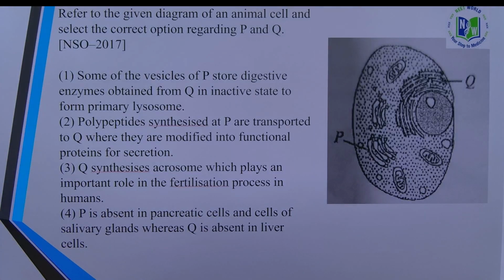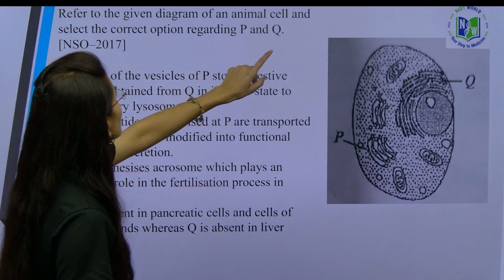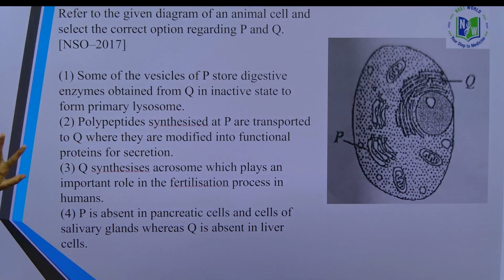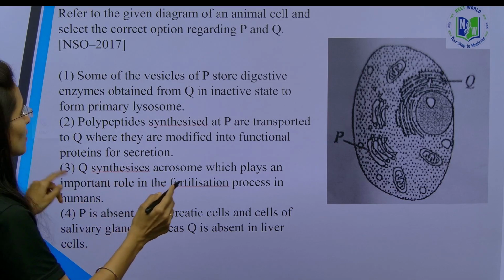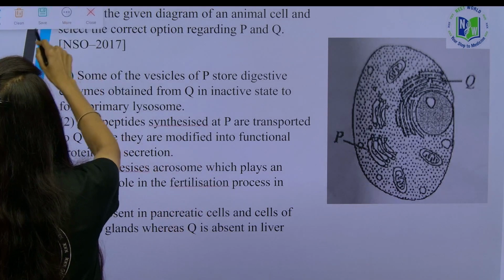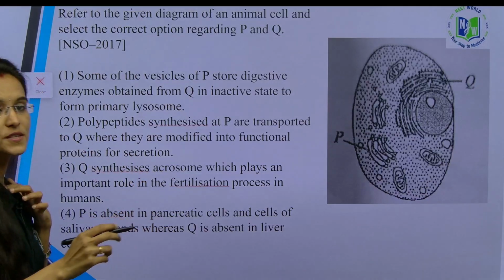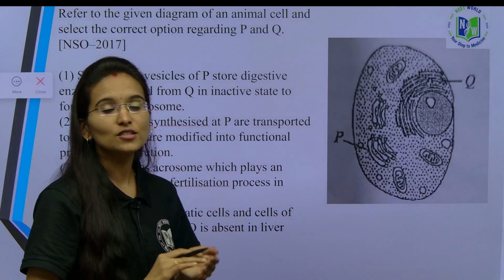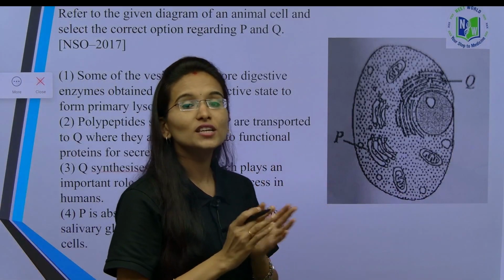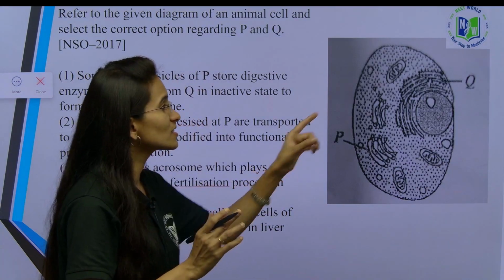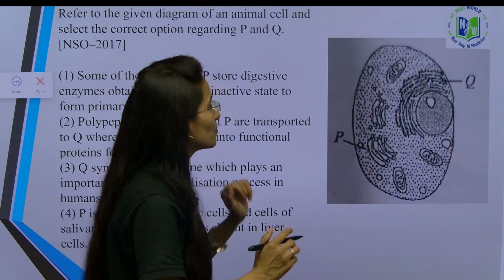Here is the given question. Refer to the given diagram of the animal cell and select the correct options regarding P and Q. Before answering, we need to know which cell organelles P and Q are.